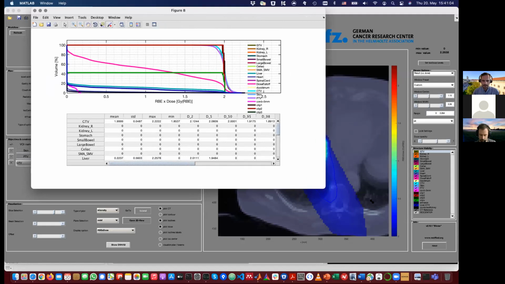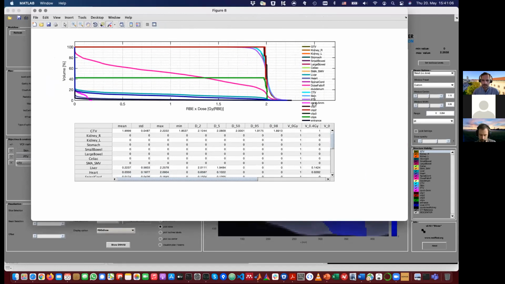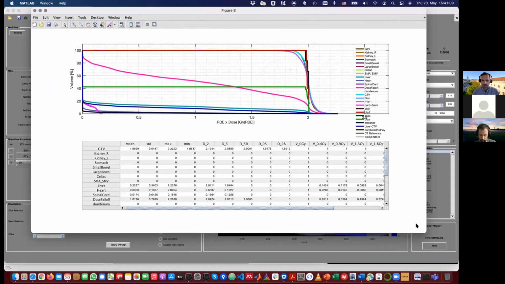And now I will again search for the CTV, which is the turquoise line here. I was using a prescription of 2 gray. Yes, this is matched somehow. Now I'm looking for the D95 again of the CTV.